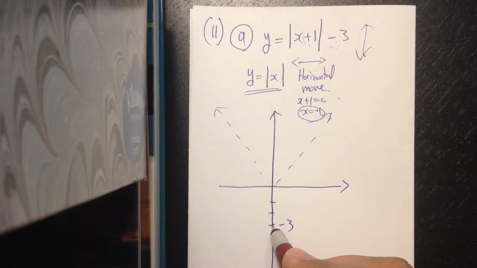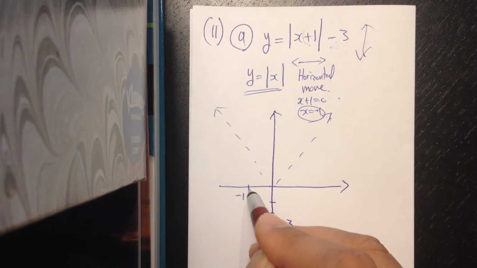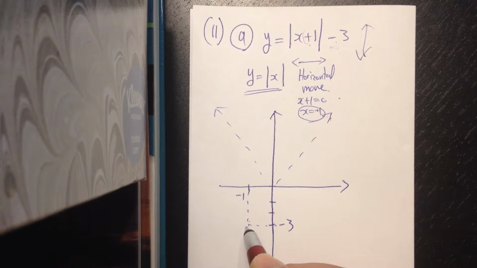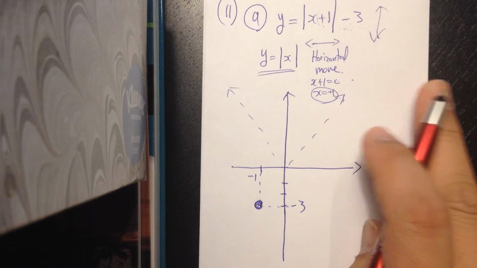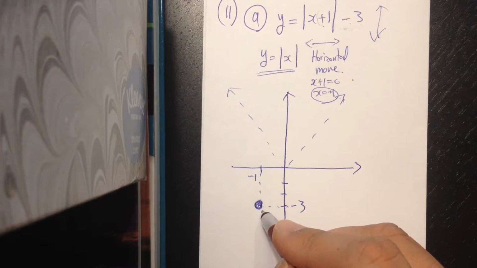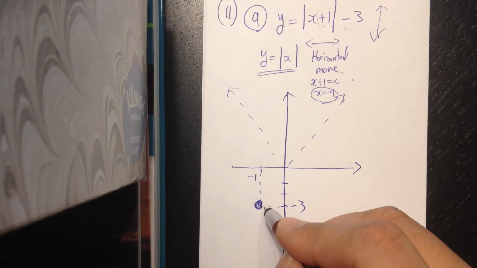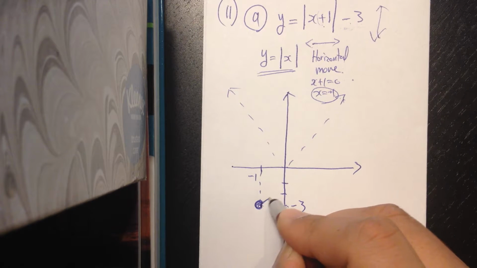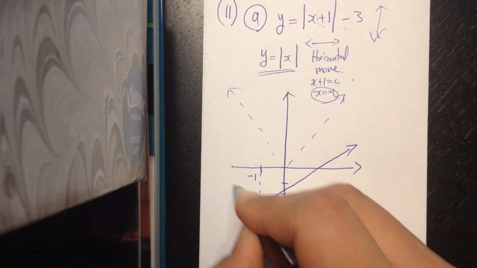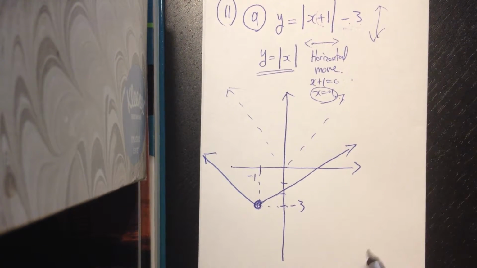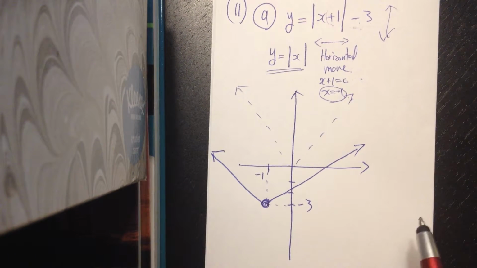So from here, the graph will be like this, like that. Something like this will be perfectly fine.